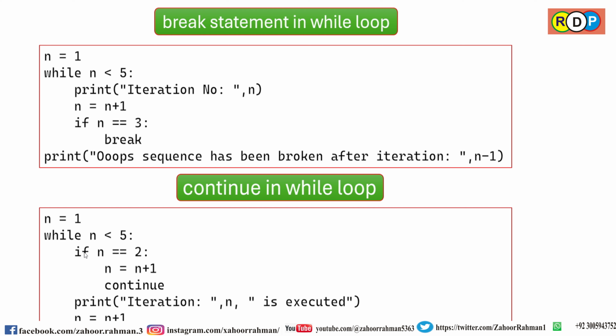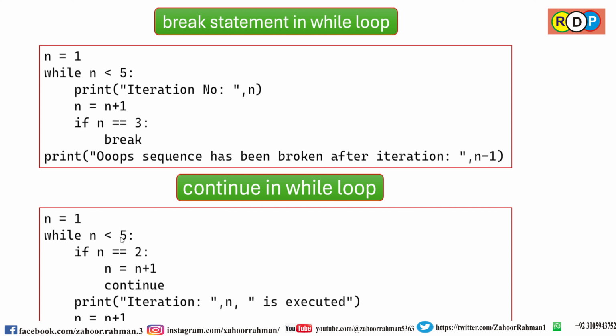So it will test this condition. This condition is not true. So it will print the iteration n is executed. And after that, it will go to increase the value of n by 1, that will be 2.